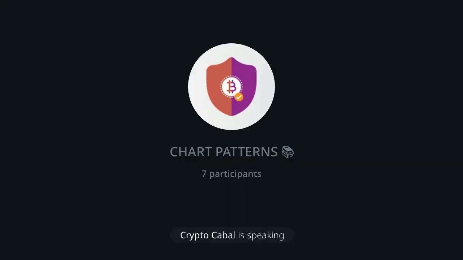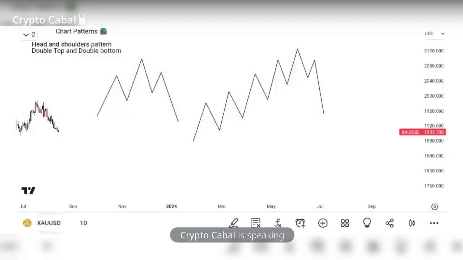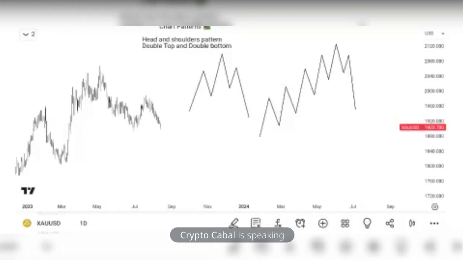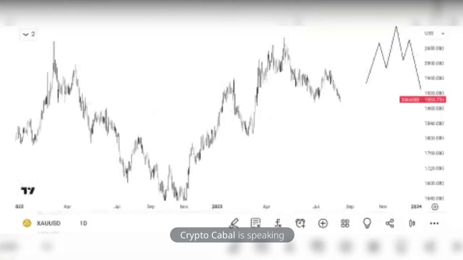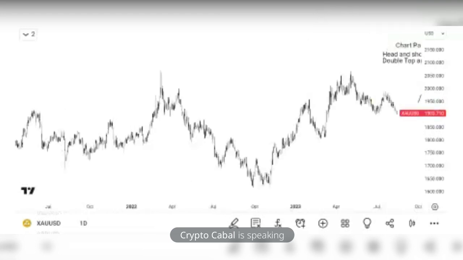So this is what the pattern is talking about, the head and shoulder pattern. Quickly, I want to show you some examples of the head and shoulder pattern. It's very common in the market.